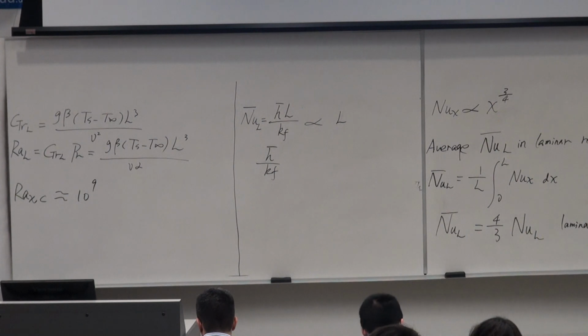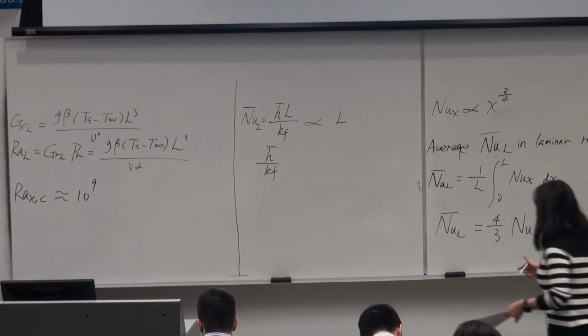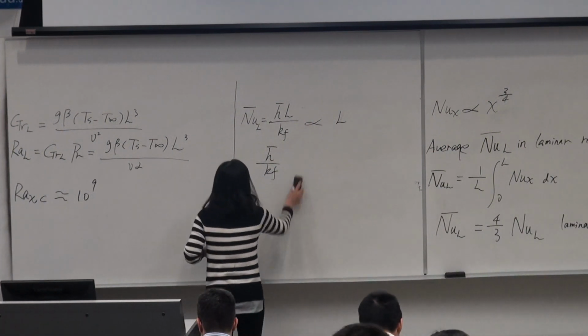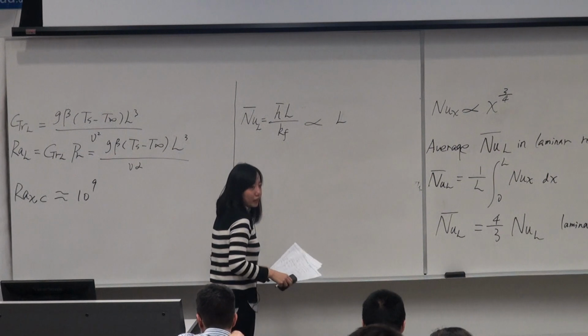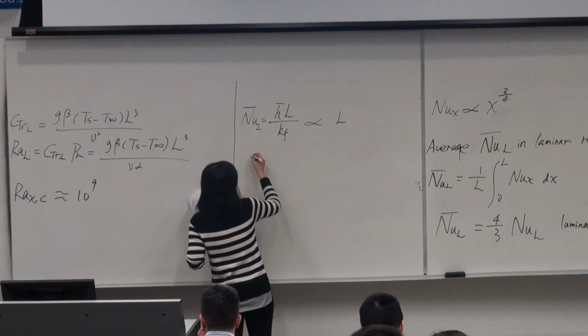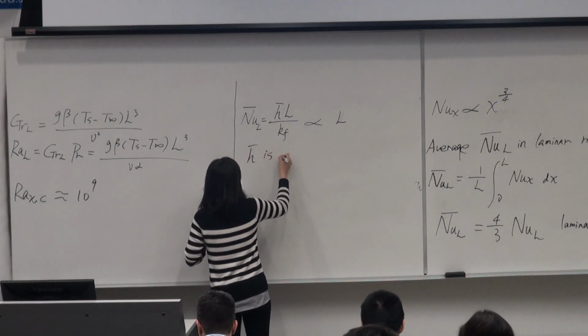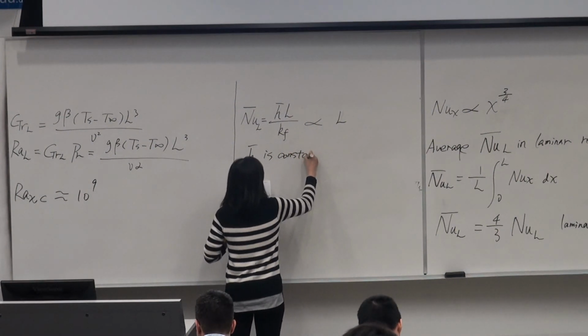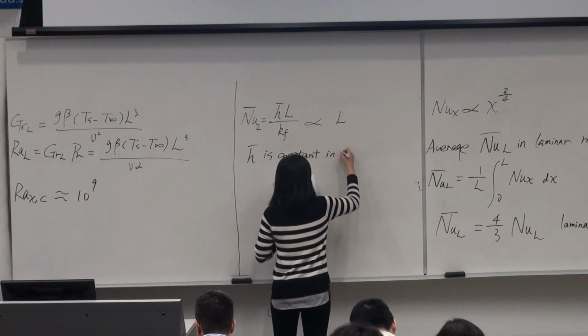Typically, your thermal properties do not change that much along the length of the plate. In the turbulent region, your average convection coefficient is a constant, which is independent of L.